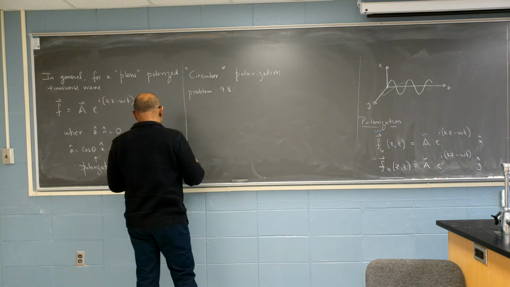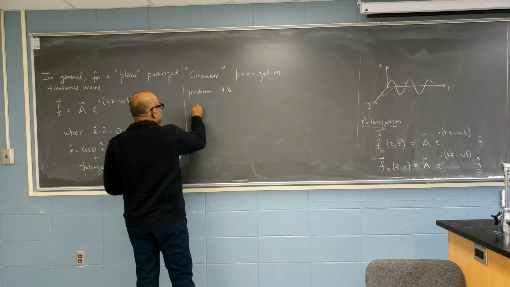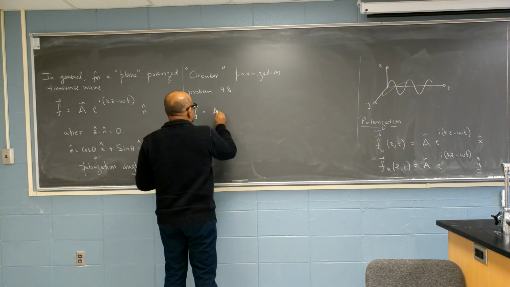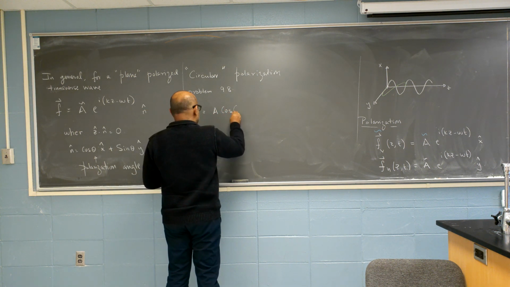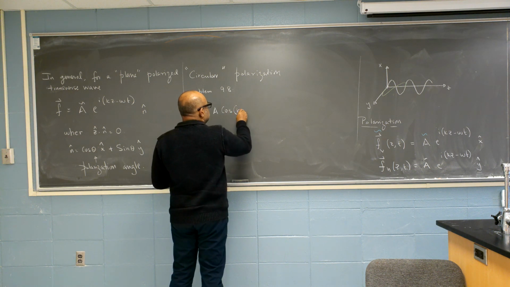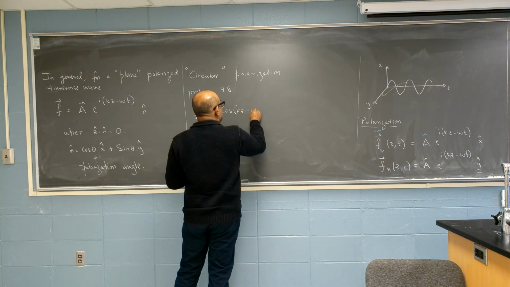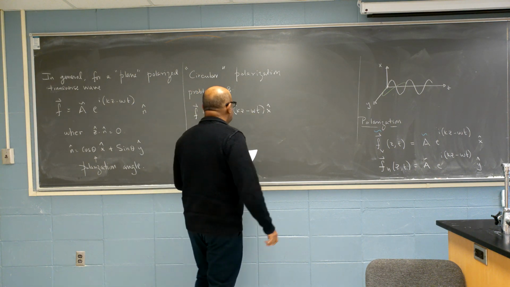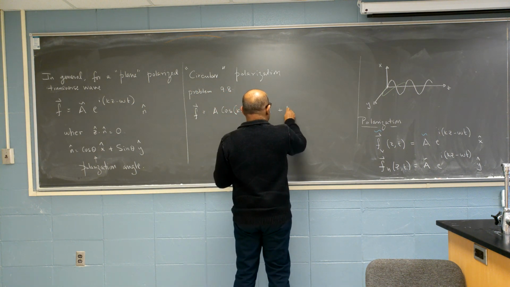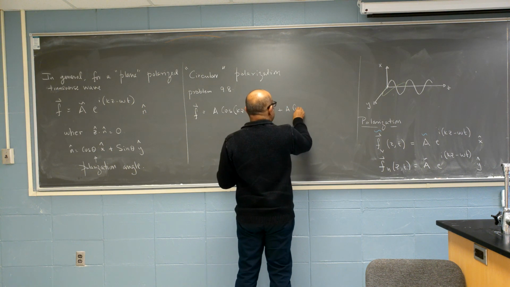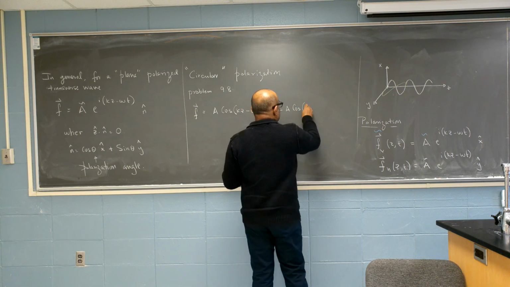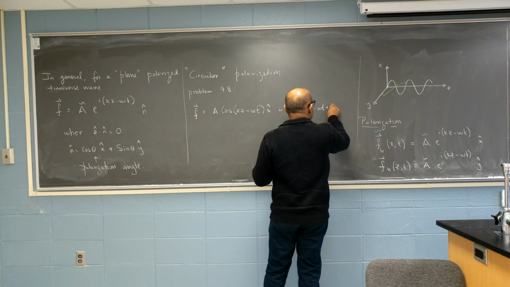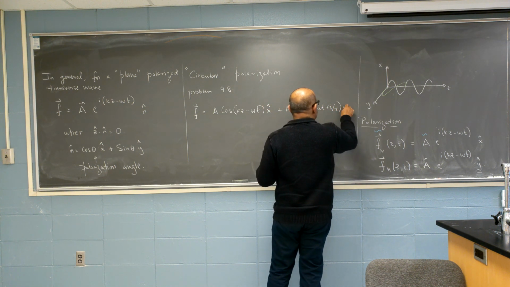So suppose you have a wave, and it is cosine kz minus omega t x hat plus two waves with the same amplitude that are off.